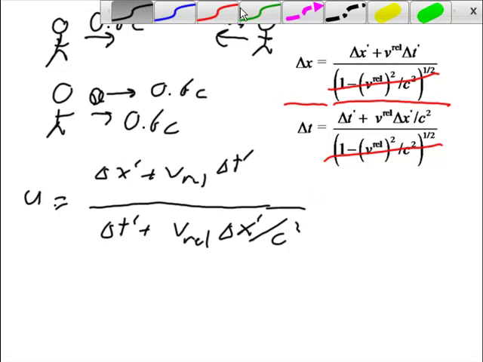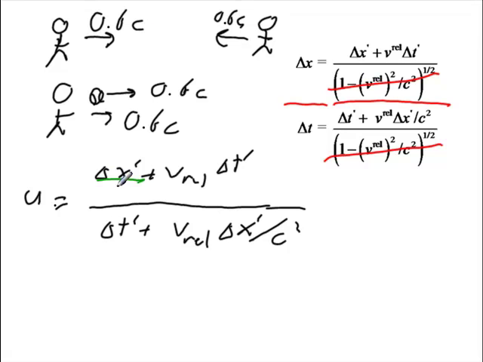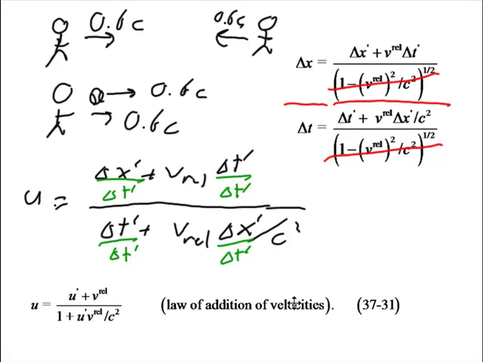by delta t primed. As long as I divide everything on the top and bottom by it, I'm fine. I've treated everything the same, and what I end up getting is this relationship right here.